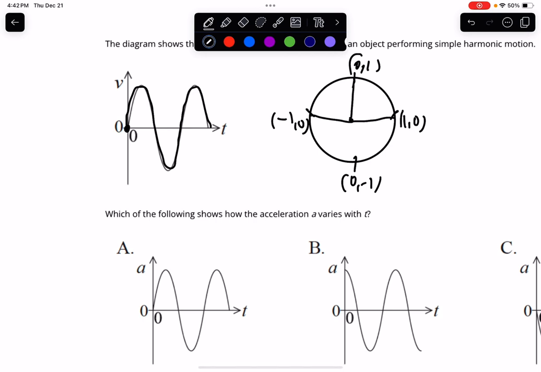And you can say that at this purple line theta is 0, then at this green line theta is 90, at this dark blue line theta is 180, and then at this red line theta is 270, and then once it goes back again at this blue line theta is 360.